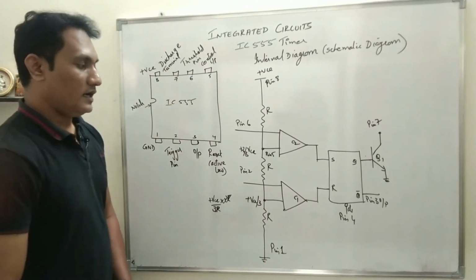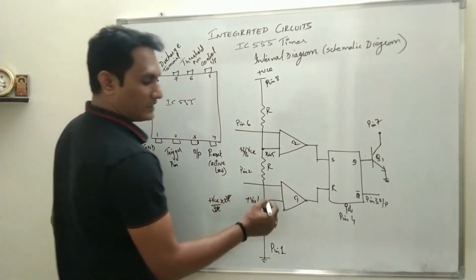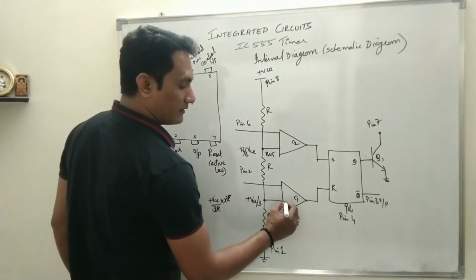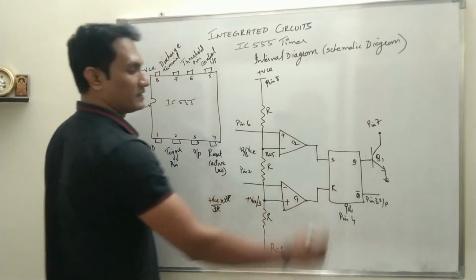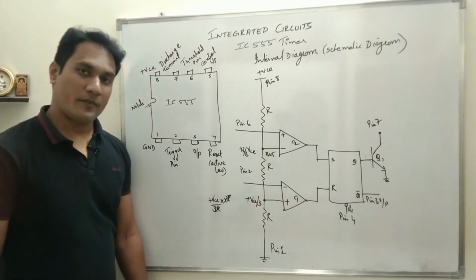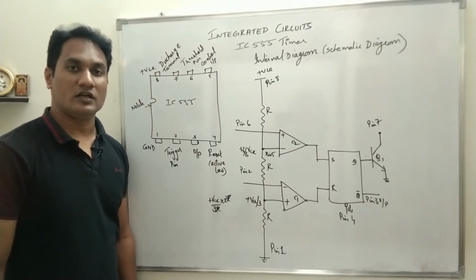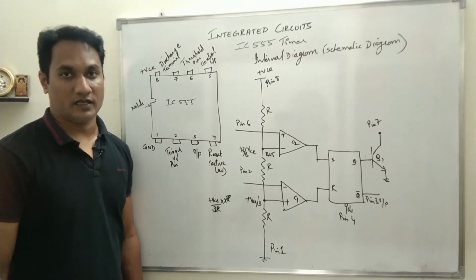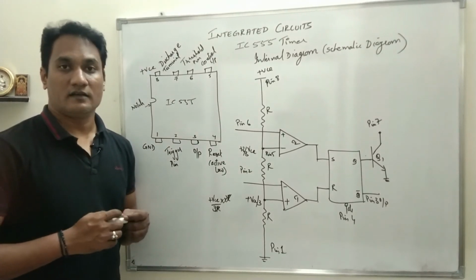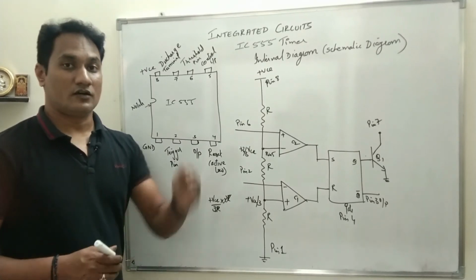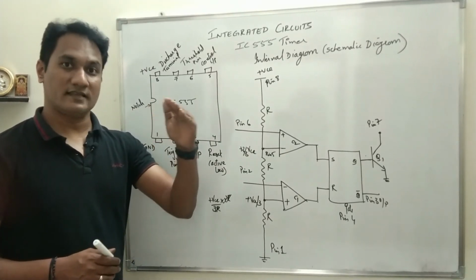Now I will apply the polarities for the comparators. This is plus, this is minus, and this is minus, this is plus. For an op-amp you already know that there is a non-inverting and an inverting terminal, and when we use an op-amp as a comparator, it is always non-inverting minus inverting.